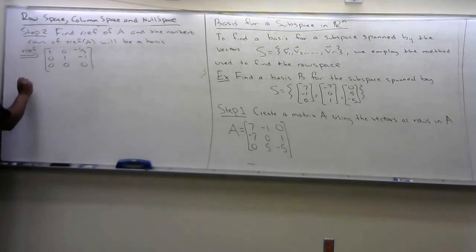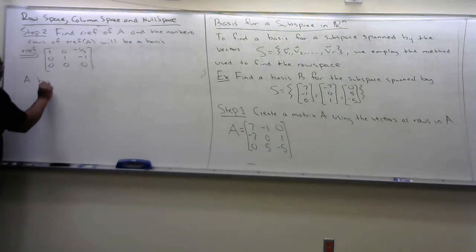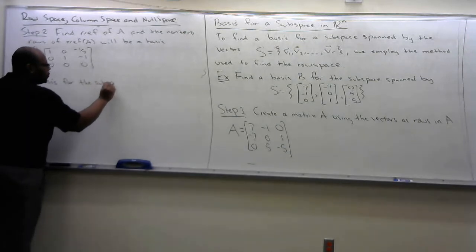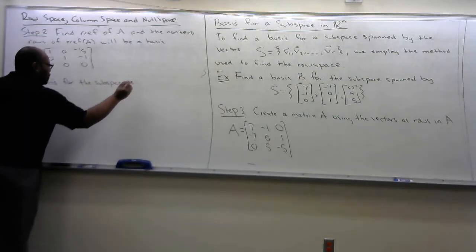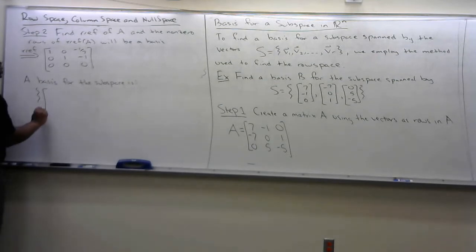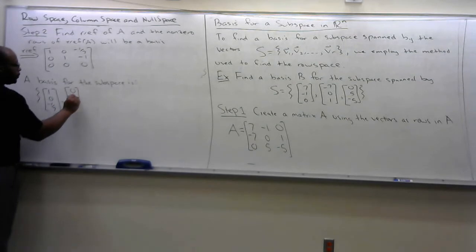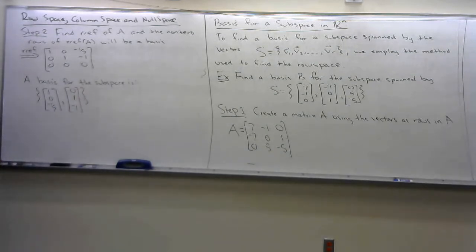So I can say a basis for the subspace is: here I have 1, 0, negative 1, 7. And the other one is 0, 1, negative 1. Again, if you don't like fractions, you can multiply this vector by 7, so you get 7, 0, negative 1. It's up to you. This is perfectly fine again.